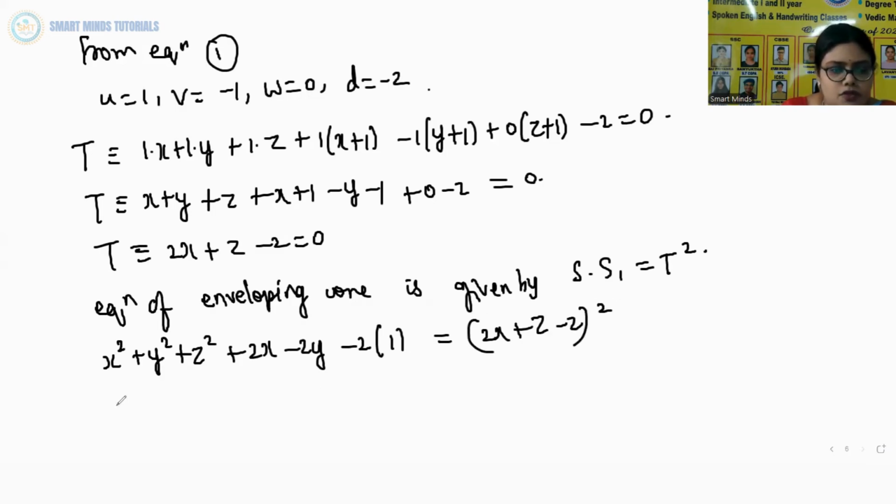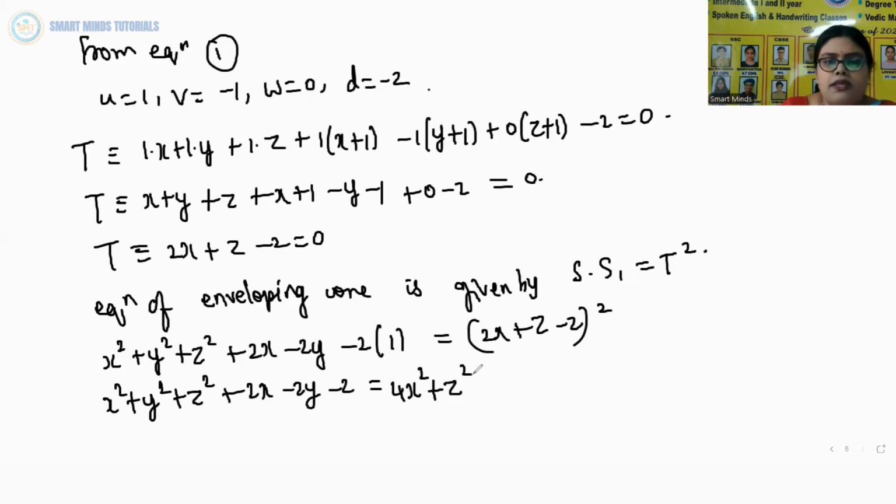If you further solve it, you will get x square plus y square plus z square plus 2x minus 2y minus 2 is equal to, now we expand a plus b plus c whole square. What is the formula for a plus b plus c whole square? A square plus b square plus c square plus 2ab plus 2bc plus 2ca.